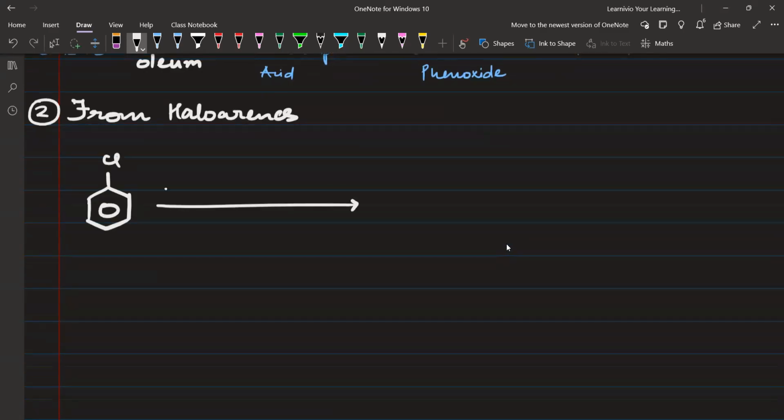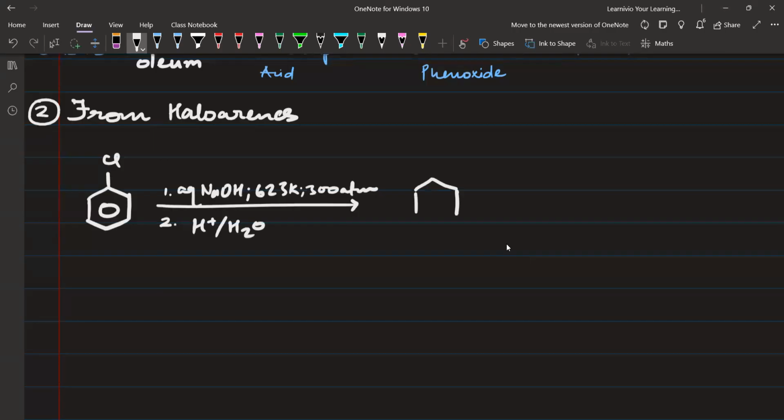That when you react this with the first step, you will add aqueous NaOH at 623 Kelvin and 300 atm pressure. Second step में आप डालिए इसमें H plus in the presence of water, and you will get phenol.